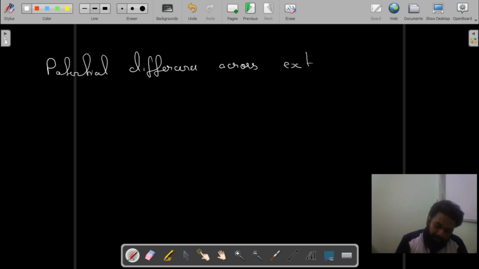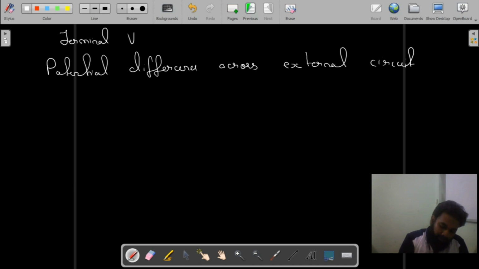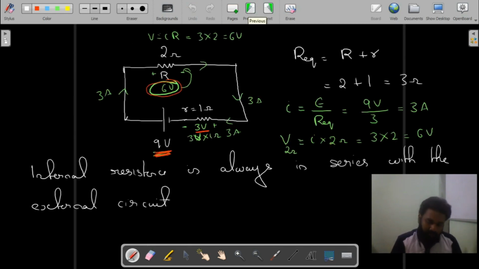Potential difference across the external circuit. Clear? So in the previous circuit, whatever voltage we got across the external resistance R, that is the terminal potential difference.